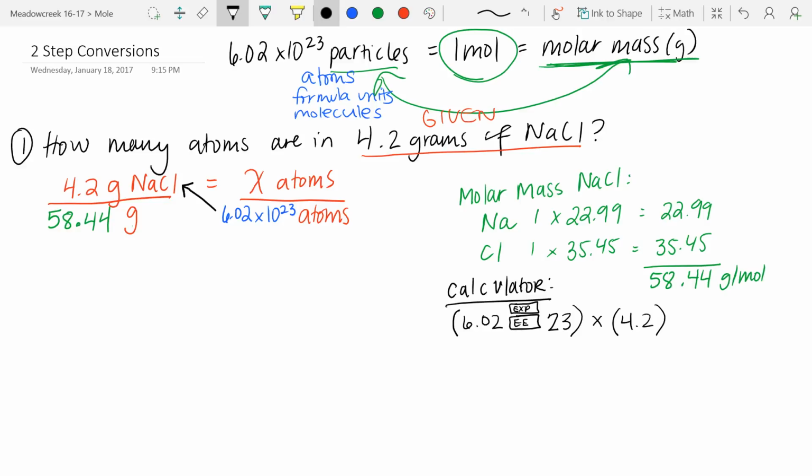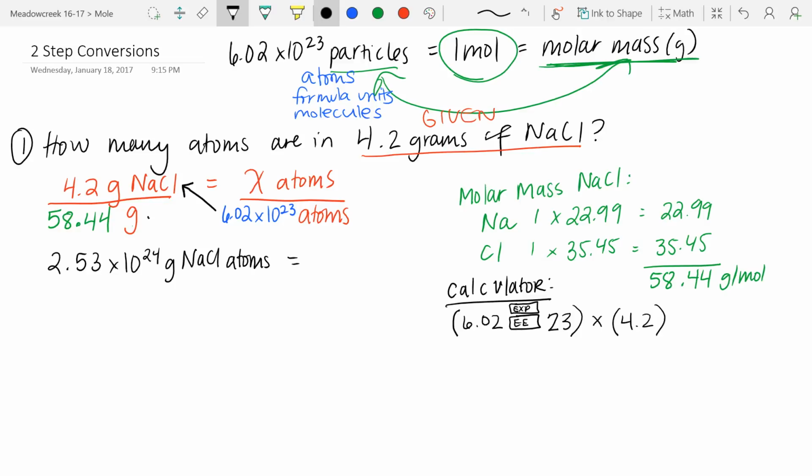We are always having our calculator with us in class. We're going to have 6.02 EE23 times 4.2, and we will get for our answer 2.53 times 10 to the 24th, and our units are going to be grams NaCl atoms.